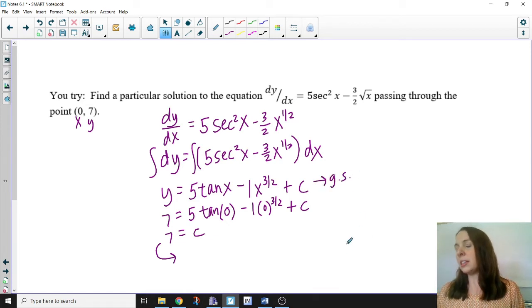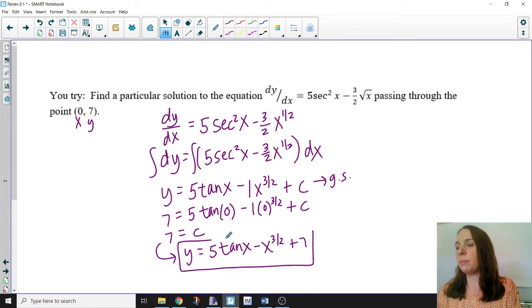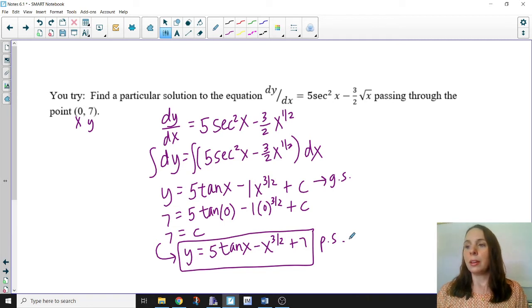I usually like to label that because then I can go back and find where I labeled that to rewrite it as the beginning of my particular solution. 5 tangent x minus x to the 3 halves power plus 7 is our particular solution. Okay, so far, solving a differential equation is taking antiderivatives, right? Not so bad.